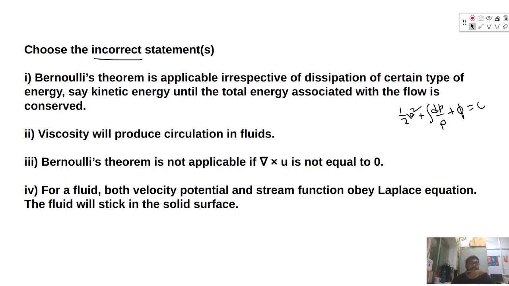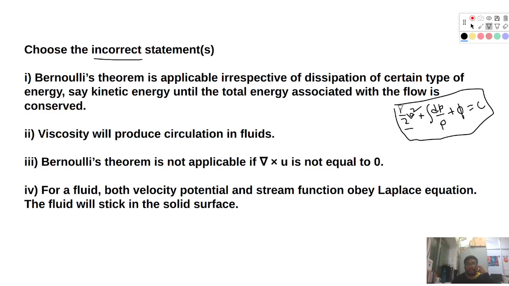The first one says that Bernoulli's theorem is applicable irrespective of dissipation of certain type of energy, say kinetic energy, until the total energy associated with the flow is conserved. So if we know this equation, we can say that until and unless the total energy is conserved, Bernoulli's theorem can be applicable to this flow, right?